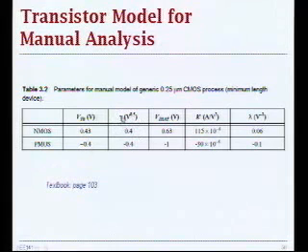Then you have this body effect parameter that modulates your threshold depending on the source to bulk voltage. And you also have this VDSAT that is slightly higher in absolute value for the PMOS than the NMOS. Then you have this K prime, that's your transconductance parameter that figures in your drain current.